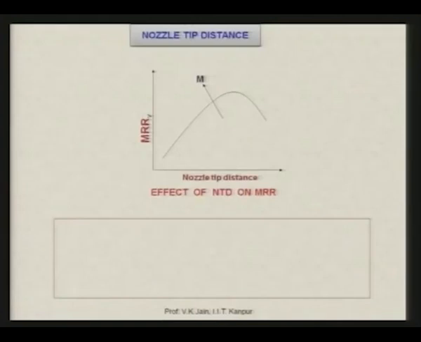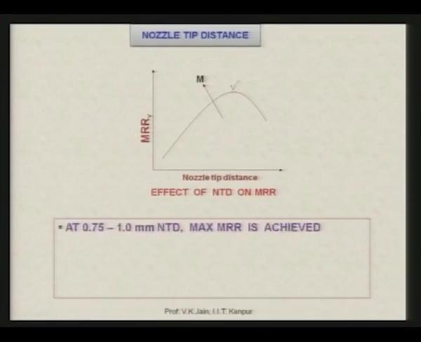Now, it is also having more or less the same trend or same nature as in the previous slide, that volumetric material removal rate is increasing, and then you have the maxima over there, and then it starts decreasing. At 0.75 to 1 millimeter as the nozzle tip distance, maximum material removal rate is achieved.